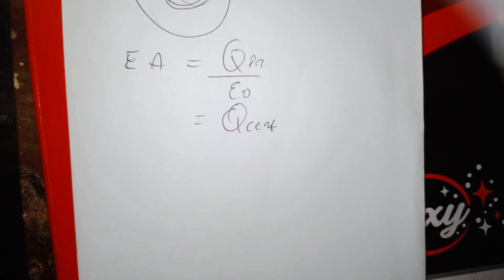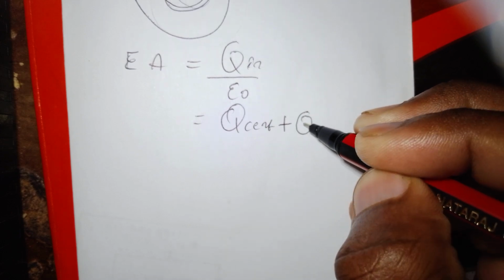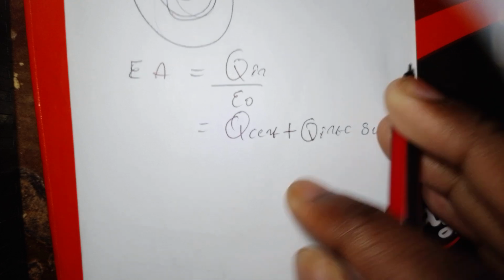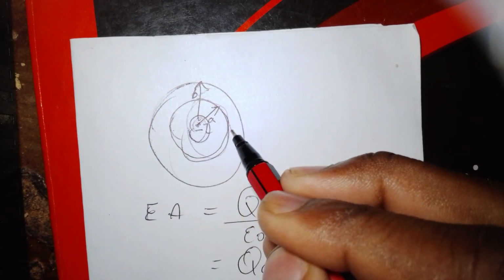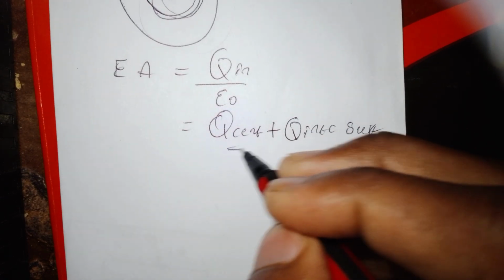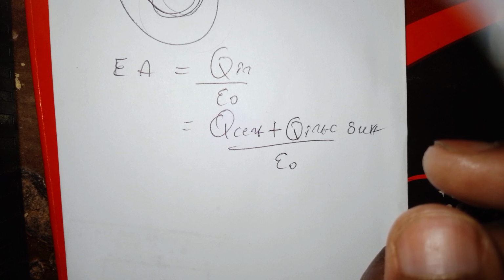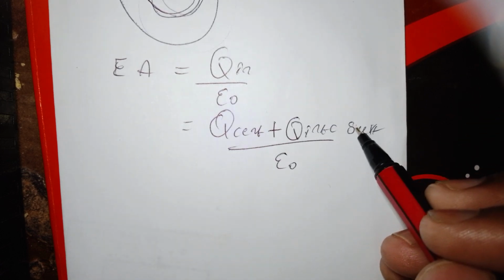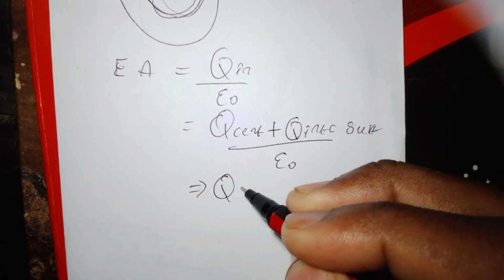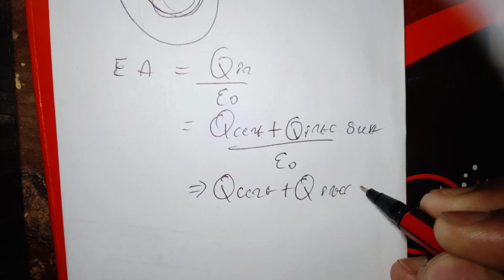So it will be the charge at the center plus the charge of the interior surface, because we want to find the charge distribution of this thing, divided by epsilon naught. Now our interest is in the charges, so we equate this to 0. So the charge at the center plus the charge of the interior surface should be equal to 0.